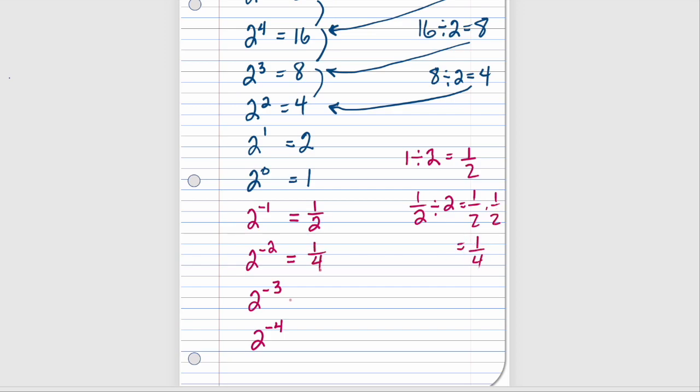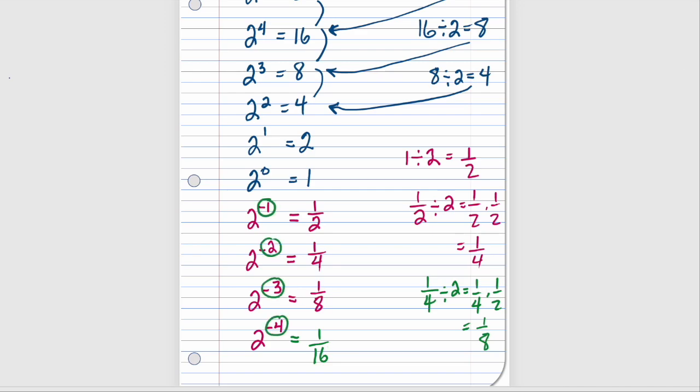And this one is going to be 1/8 because of 1/4 divided by 2, which is 1/4 times 1/2, which is 1/8. And then the last one will be 1/16 because of 1/8 divided by 2.